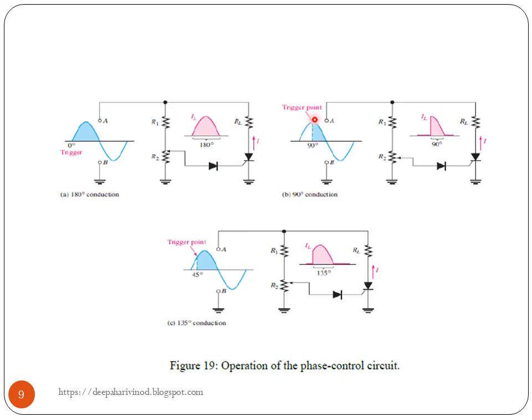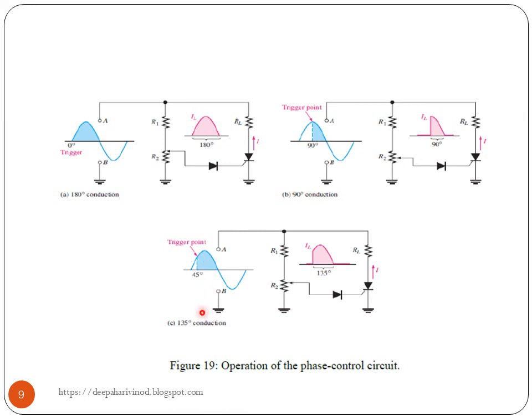So till this point our SCR will be off, and it will be conducting only after this. The current IL will be flowing only after the 90 degree, because till then the SCR will be off. How can we do this? By varying the potentiometer, R2. By varying this, we can vary the triggering point.